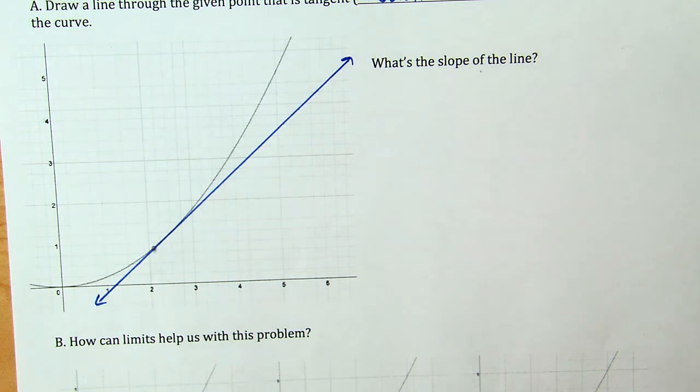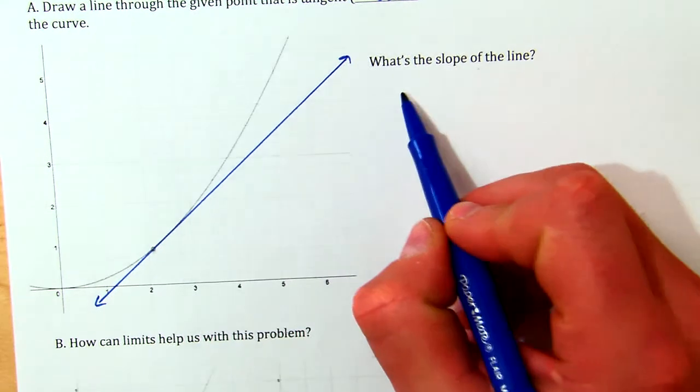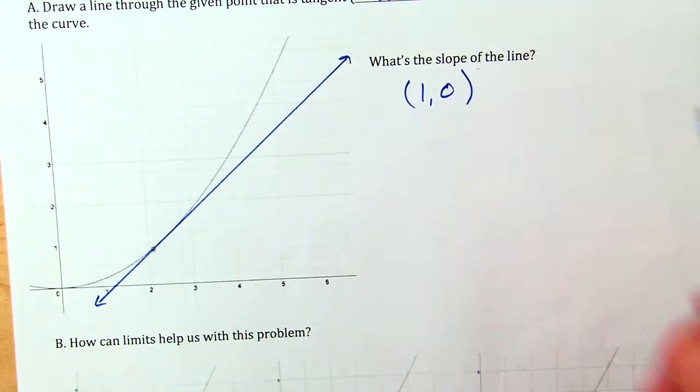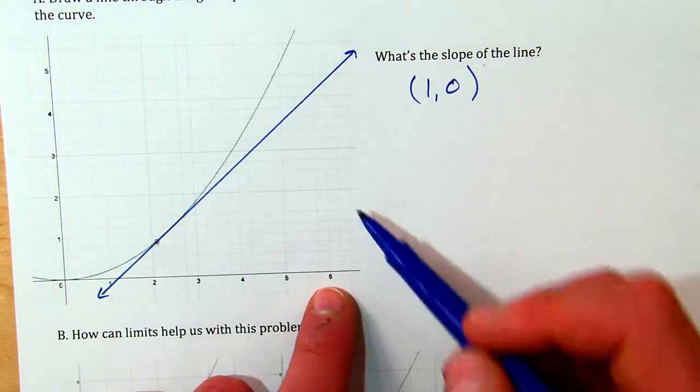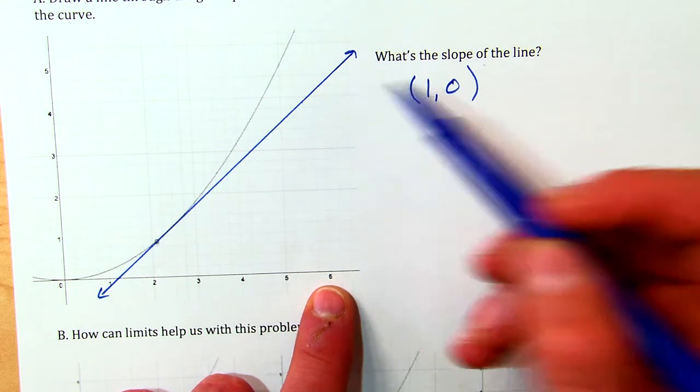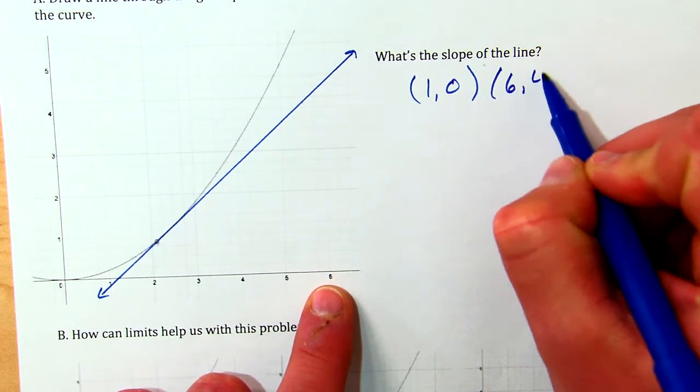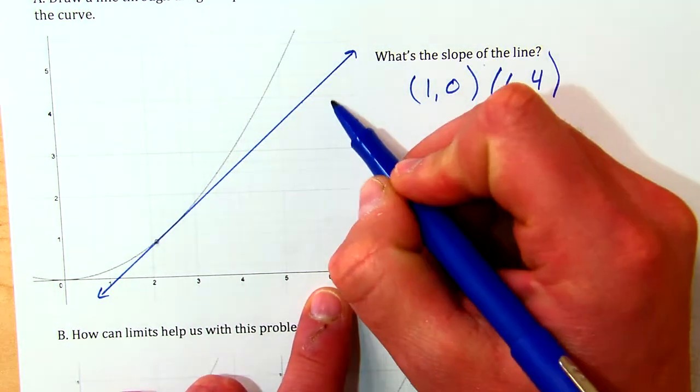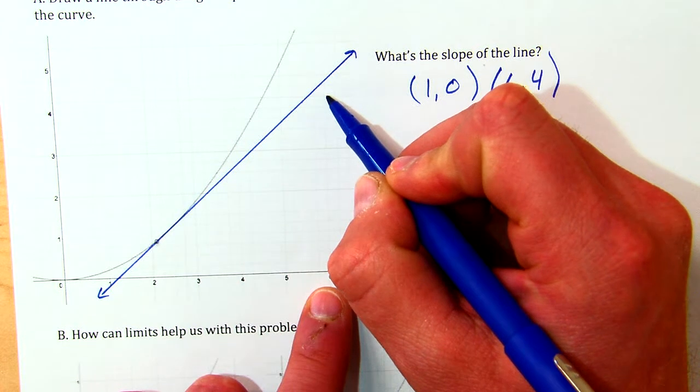If I want to find the slope of this line, I'm going to estimate. It doesn't hit (1, 0) perfectly, but that makes for some nice, easy math. So I'm going to call it (1, 0), and the other one (6, 4). It's not exactly 4, but close enough.